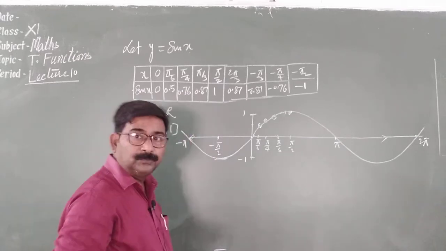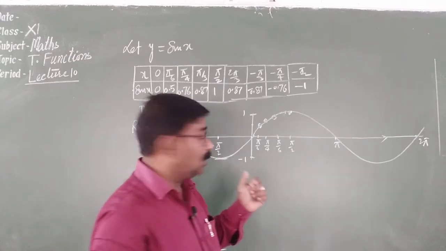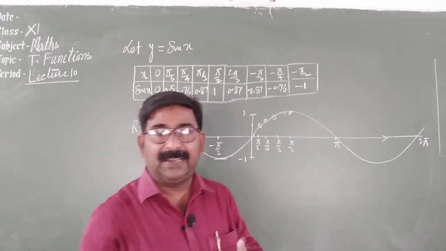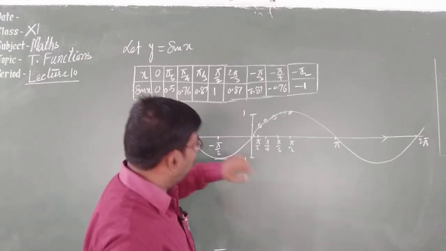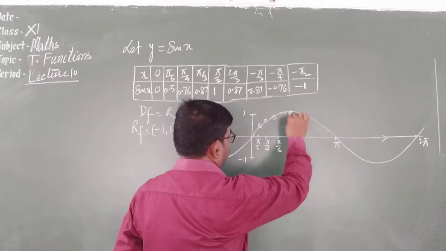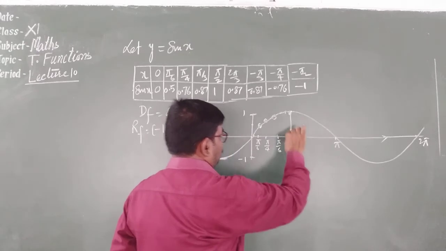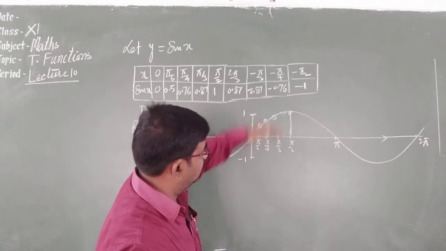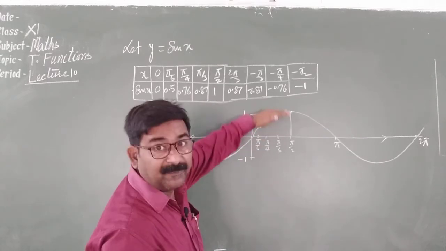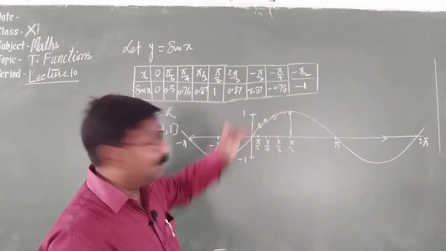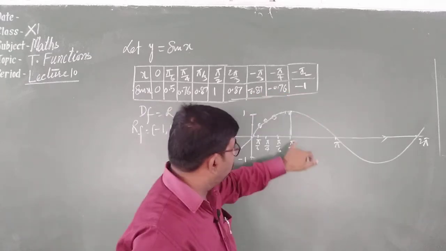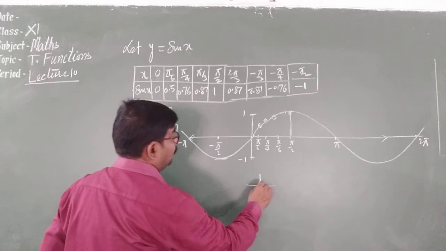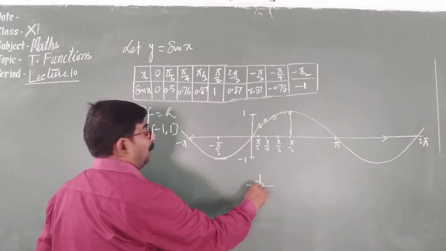So let's see. You are aware that in the first and second quadrant sine is positive. See, the graph up to here, 90 degree, that is pi by 2. The graph is increasing, but it is above the x-axis, which means positive. It is the first quadrant, and after that the graph is decreasing, pi by 2 to pi. Try to understand. This is 90 degree, this is 180 degree. So pi by 2 to pi, second quadrant.